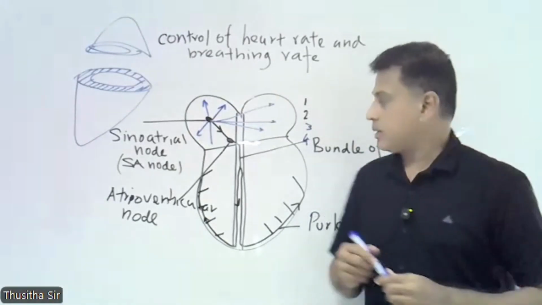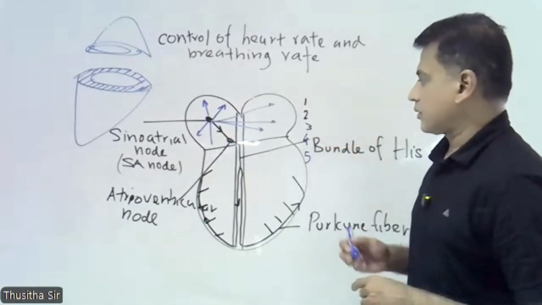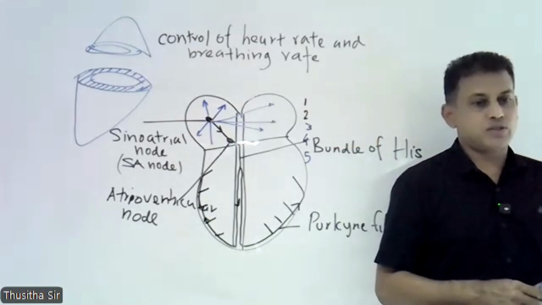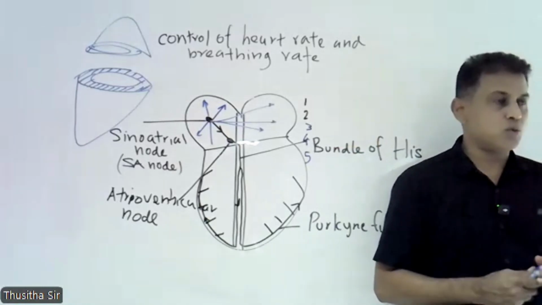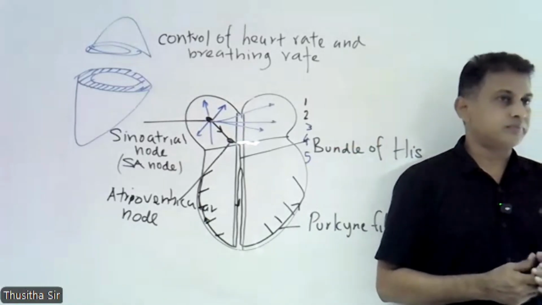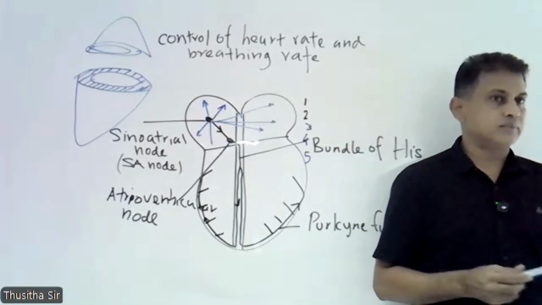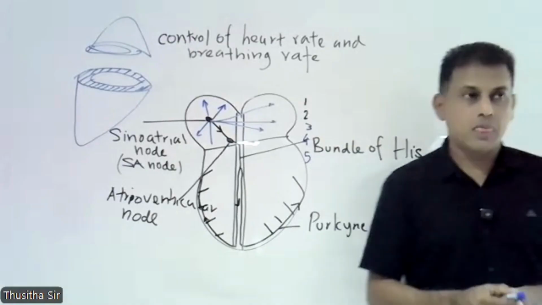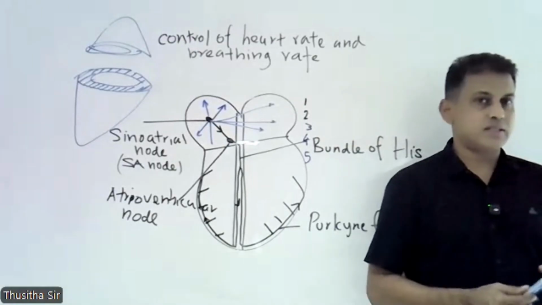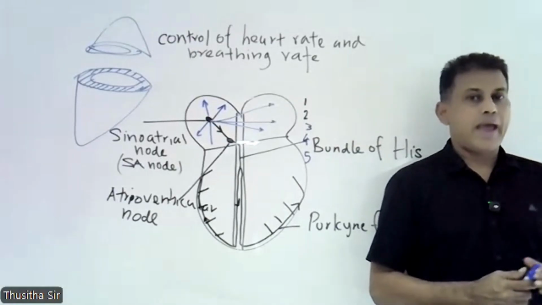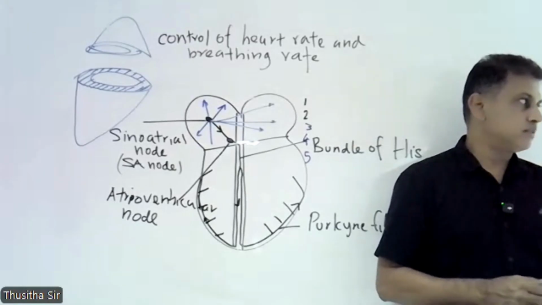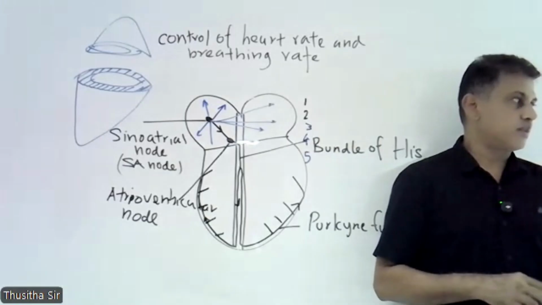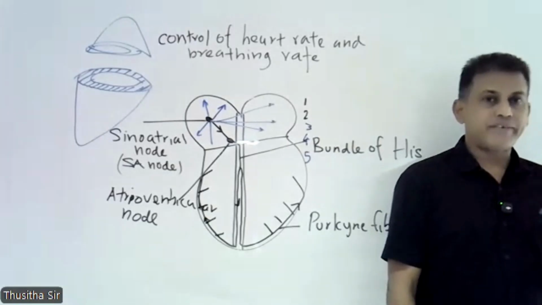Then the fifth one: then the depolarization passes through the bundle of His and Purkinje fibers to the ventricles.